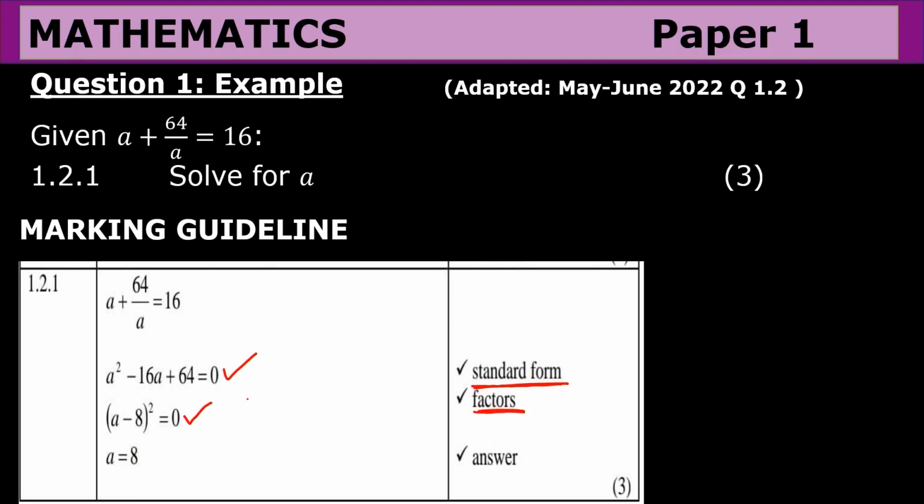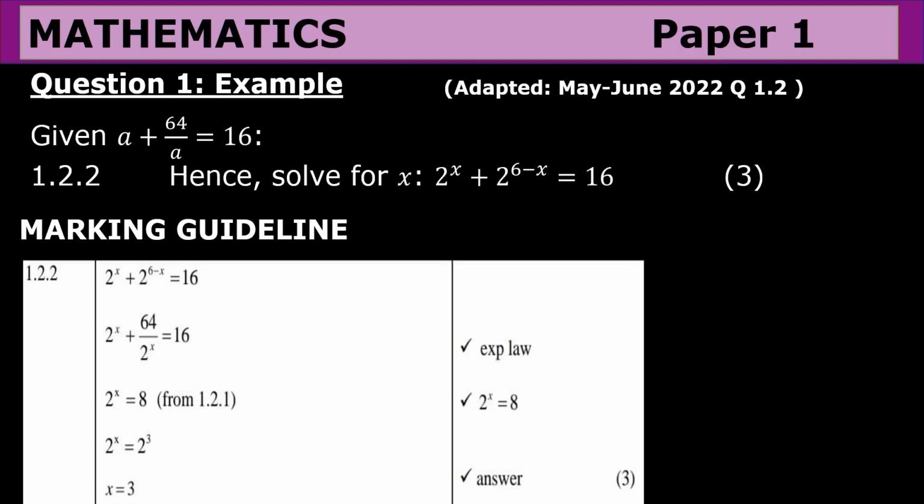Of course, we know that we can always write it as a minus 8 and a minus 8, which is the same as a minus 8 squared. And then lastly, we're going to get a mark for the answer because that only produces one value for a, and that is 8. Let's move on to the next question.